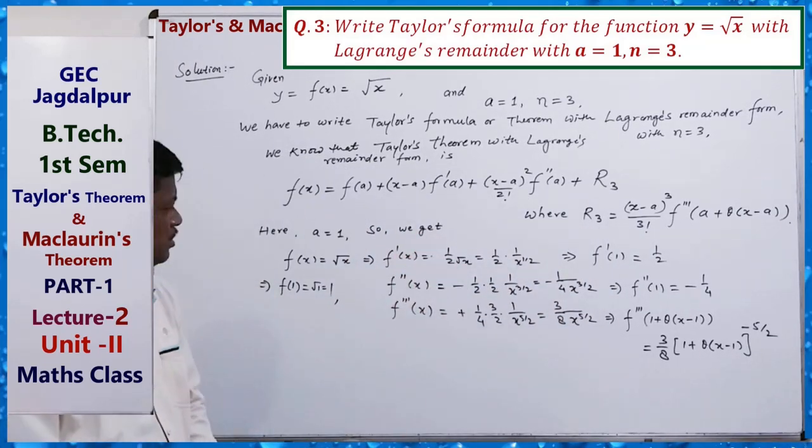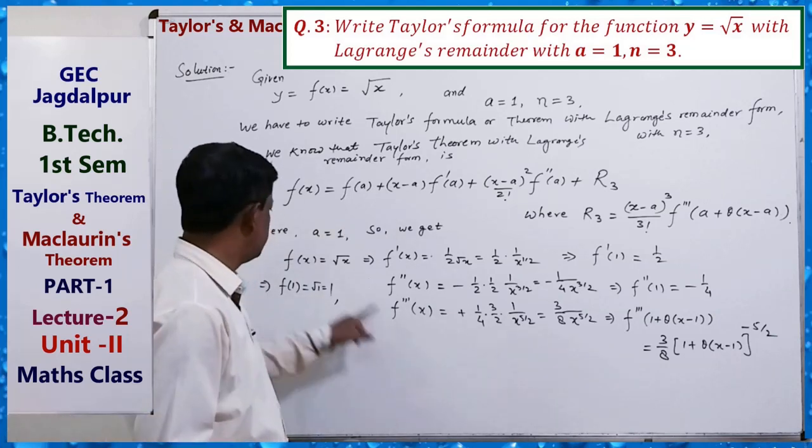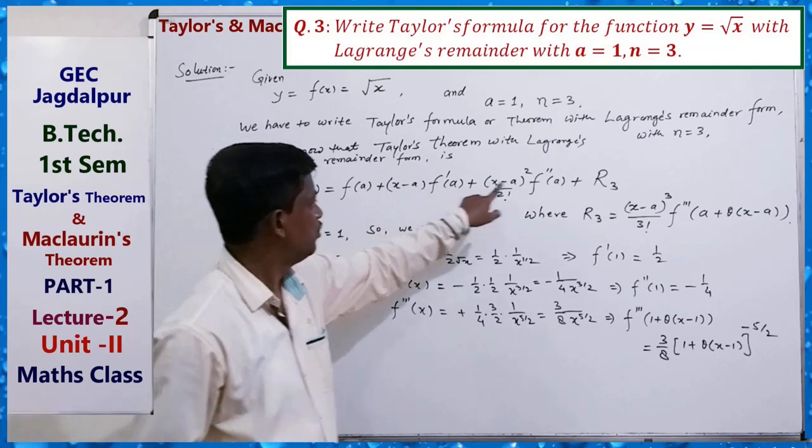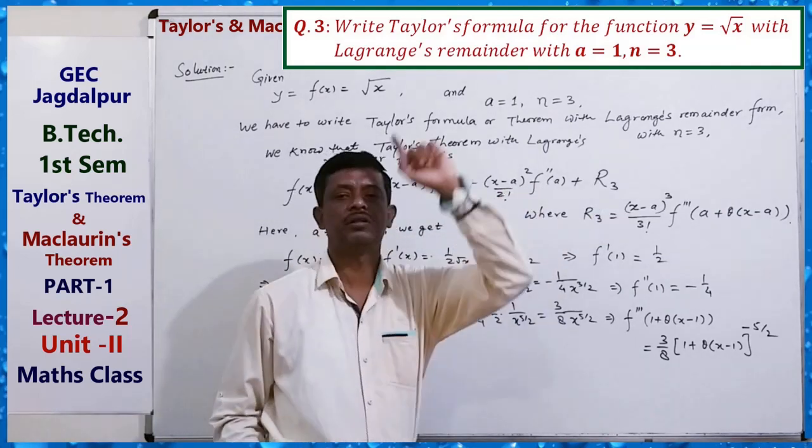Just find the values. Find the value of the derivative, find the value of the function. Here a equals 1, so f(1) is 1, in all the places 1.